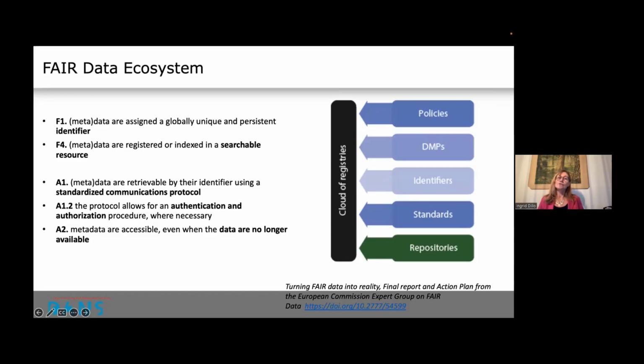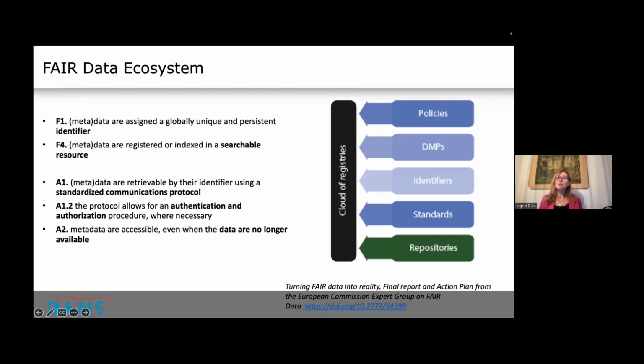You also need infrastructure for the indexing in searchable resources. You also need infrastructure for the provision and support of standards. But you also need humans to make sure that the retention policies for the data are being taken care of. And you need people to take care of the data curation.